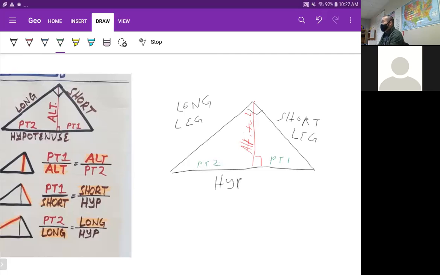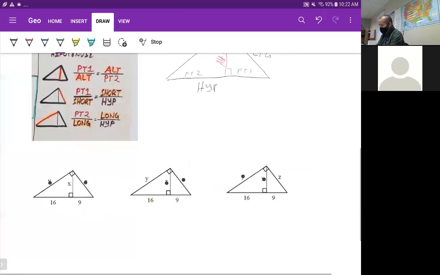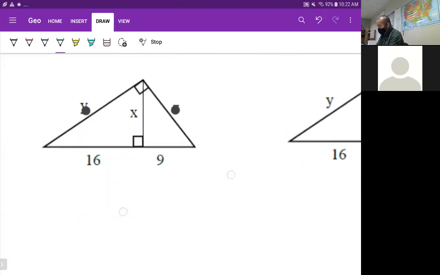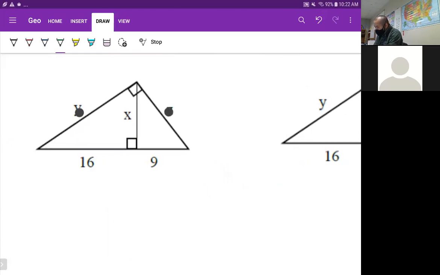Once you can identify these things, you can use the formula. So like right here, what do we have? We have, this is part 2, this is part 1, and this is the altitude.